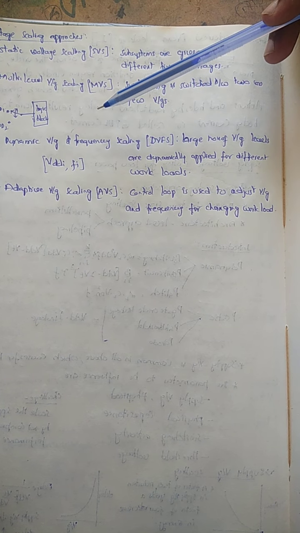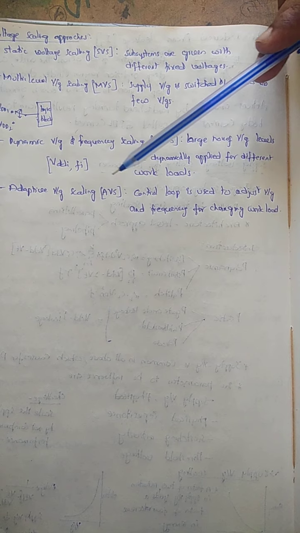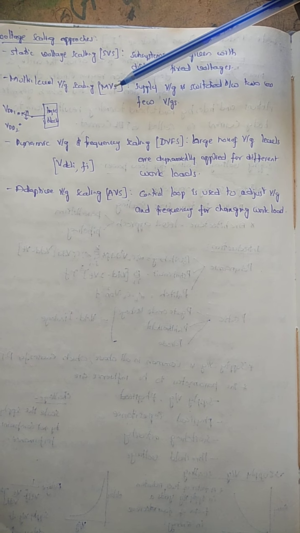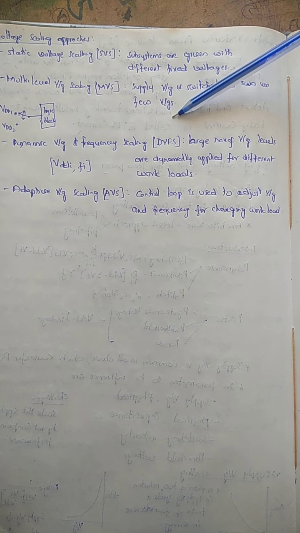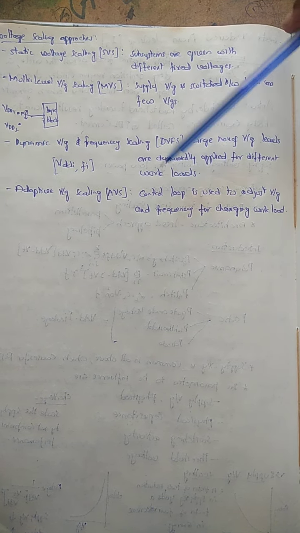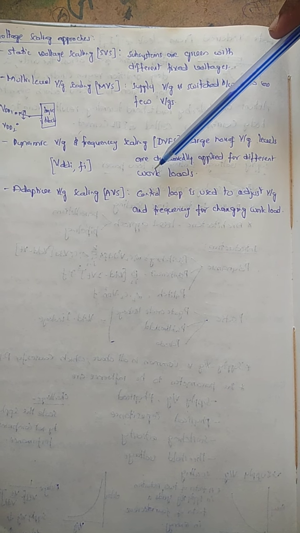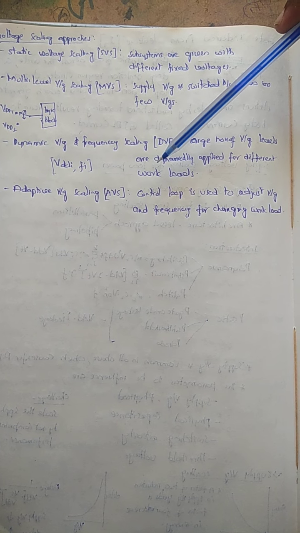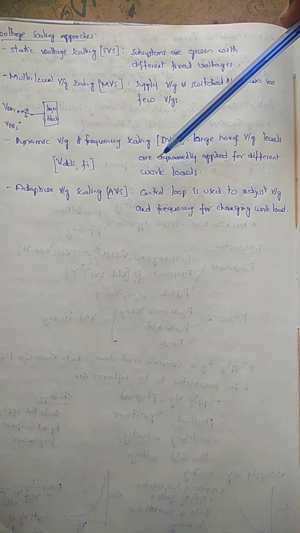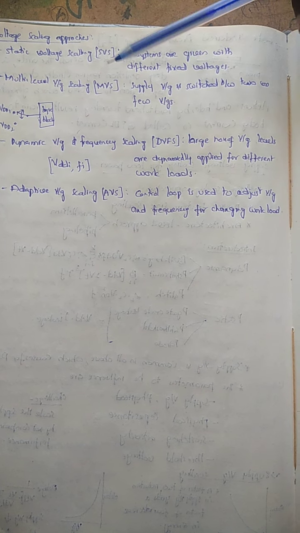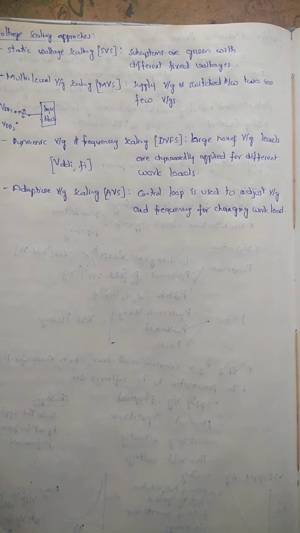Here we scale down both voltage and frequency. In the first two cases, we can't change the supply at runtime. But in this case, we can change the voltage dynamically at runtime, with a number of supply voltages and frequencies depending on the workload or processor.